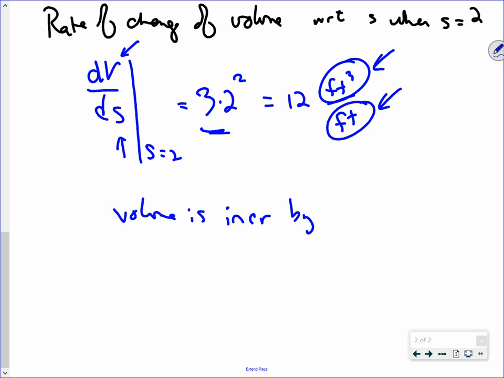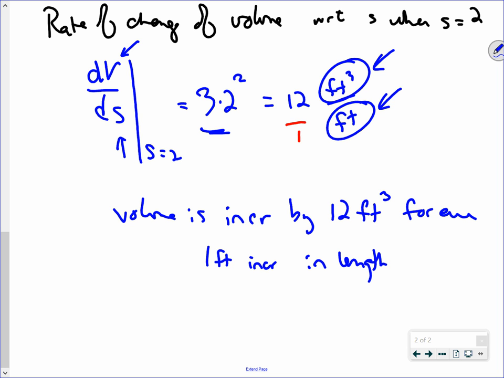It's increasing by 12 feet cubed for every 1 foot increase in the length of the side.